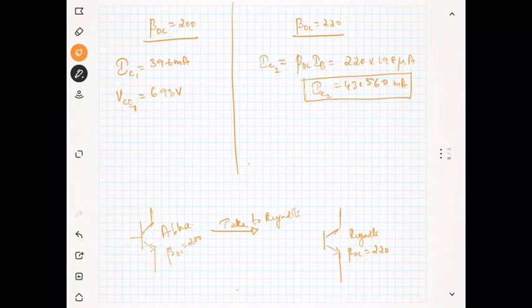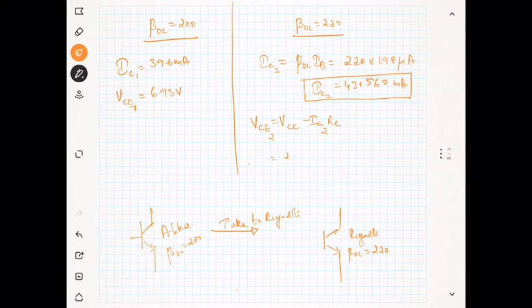Whenever beta increases, IC also increases in fixed bias. Okay, now we will find what is VCE. VCE is VCC minus IC RC. So we will use our new IC, which is IC2, and find VCE2. VCC is 20 minus 43.56 milliampere into RC, I think it is 330.